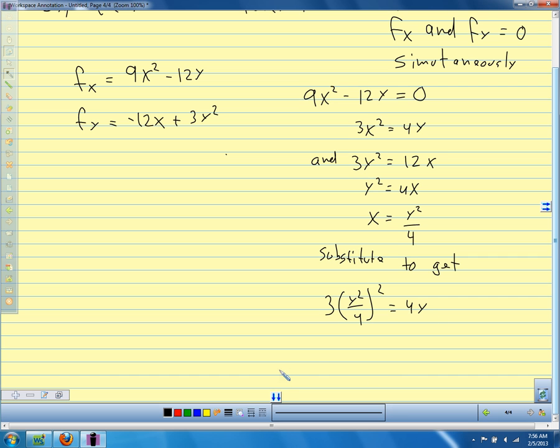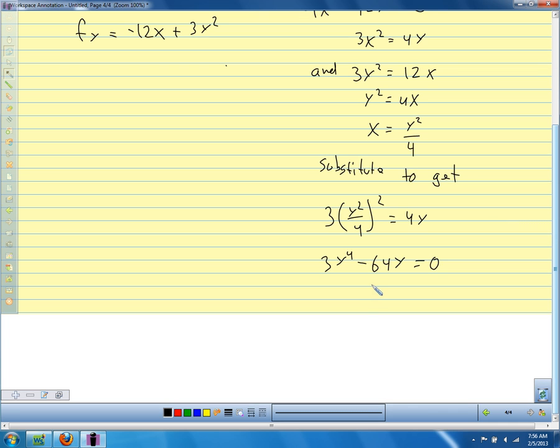And I need to work on this a little bit. When I simplify this, I end up with 3y to the 4th minus 64y equals 0.